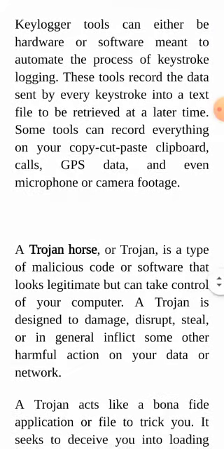So we must take care of installing anything from unauthorized places. Even from authorized places there is a chance of different kinds of malware. So before installing anything, you must take maximum care.